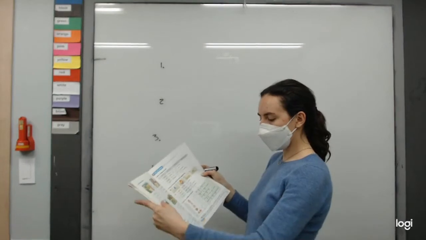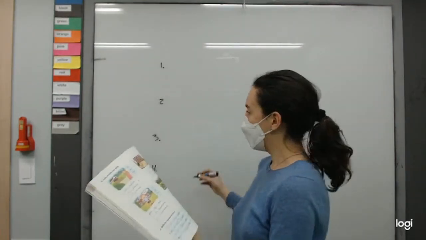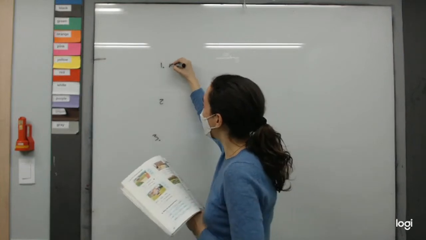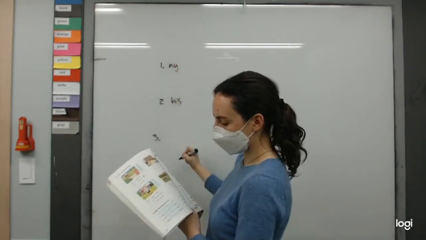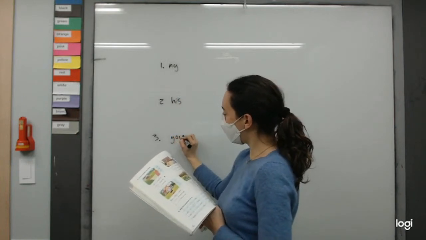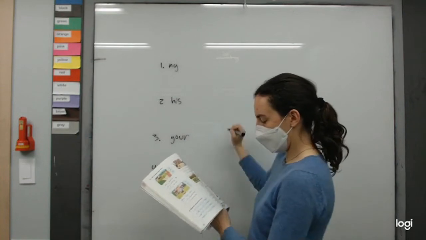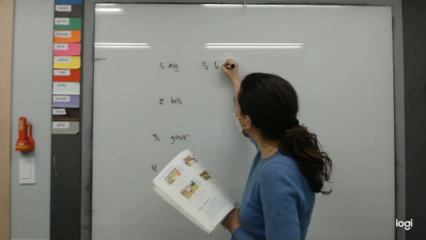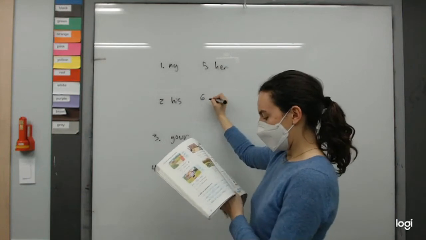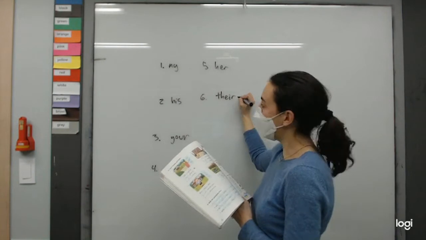Okay, so for the next part, we want to write the possessive form. I becomes my, he becomes his, you becomes your, we becomes our, she becomes her, they becomes their, T-H-E-I-R.